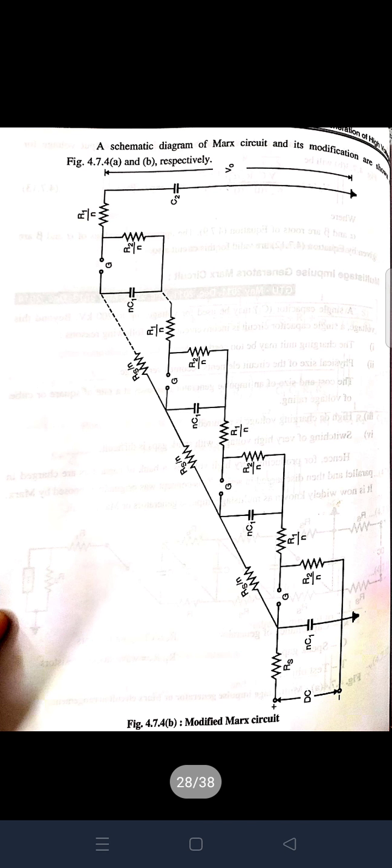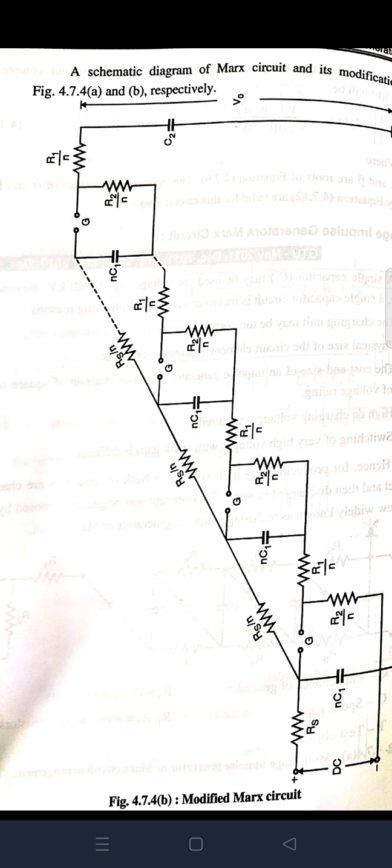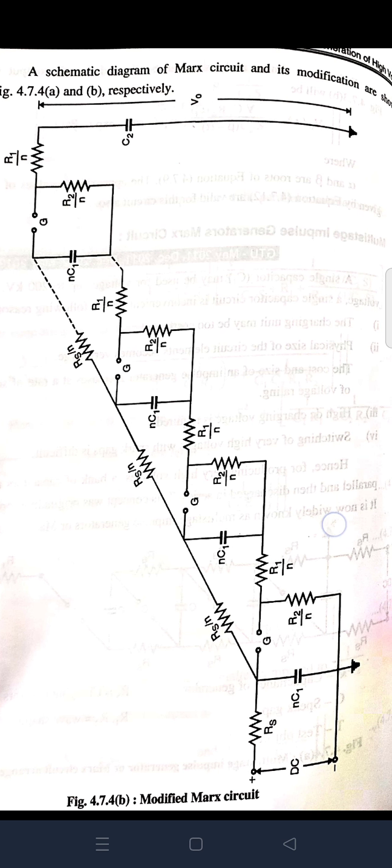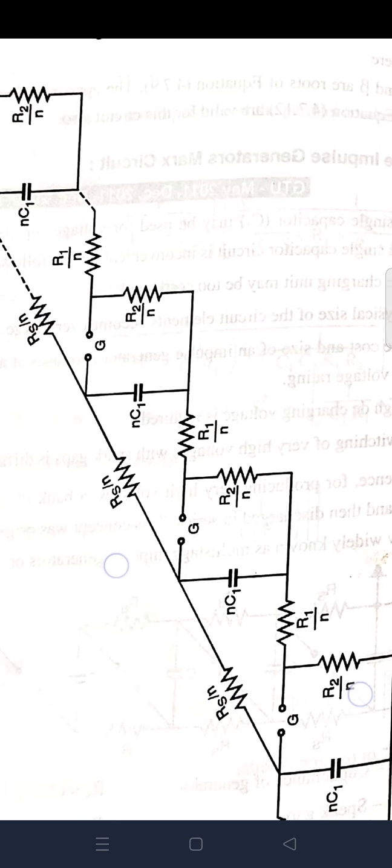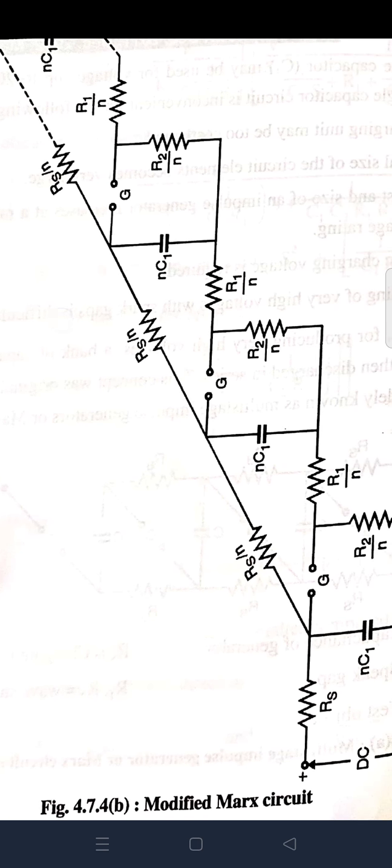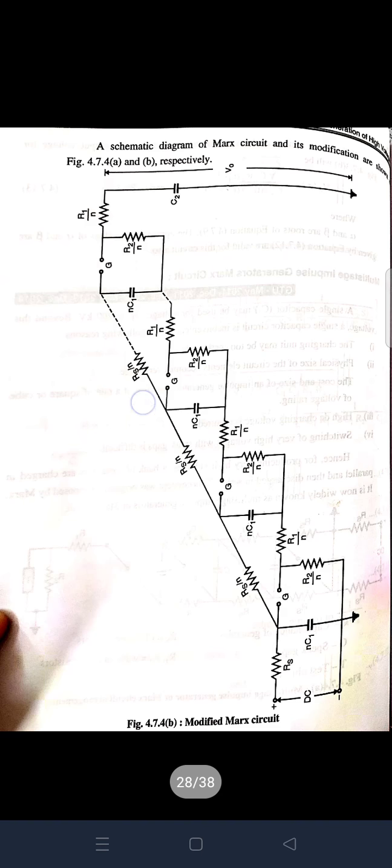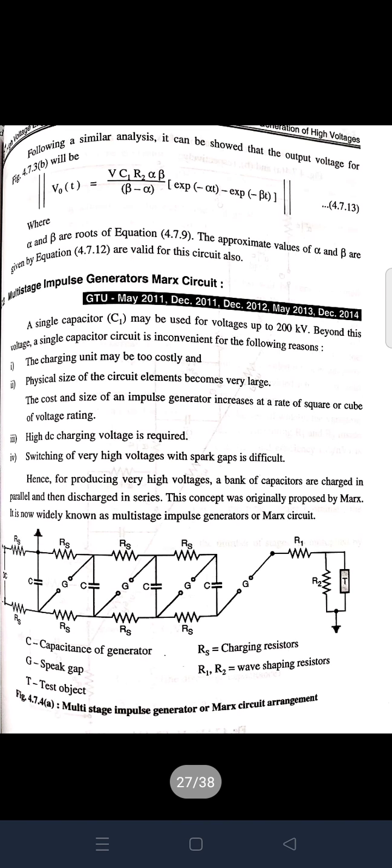This is the schematic diagram of the Marx circuit and its modification is also shown here. This is the second circuit. Here we have two capacitors C2 and NC1 and the resistors are R1, R2 and Rs. So these two are modifications of the Marx circuit.